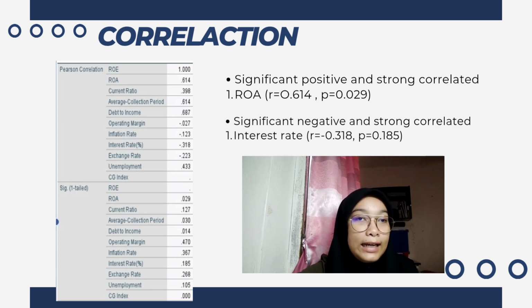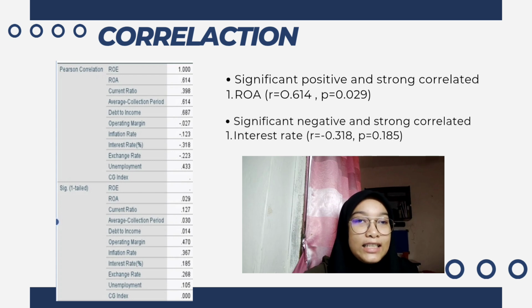Third, we find that average collection period also has a significant positive correlation with ROE, equal to 0.14 and P equal to 0.030. Although this seems unusual, it might reflect the company's specific credit strategies that actually support profitability.